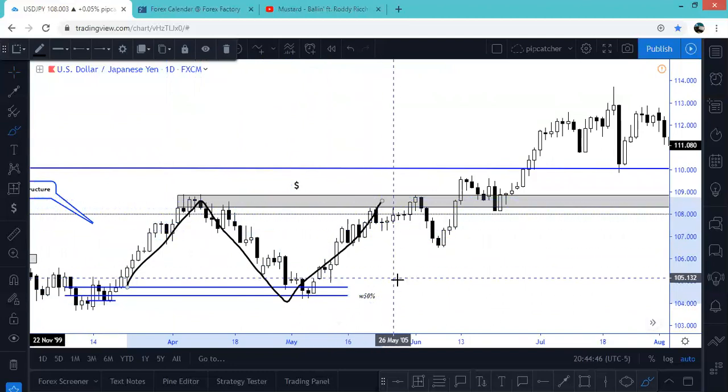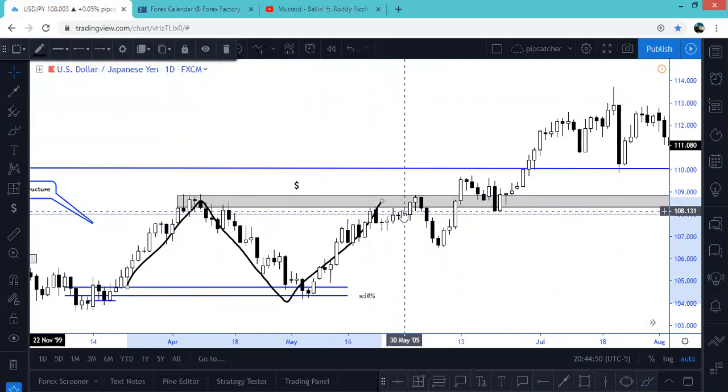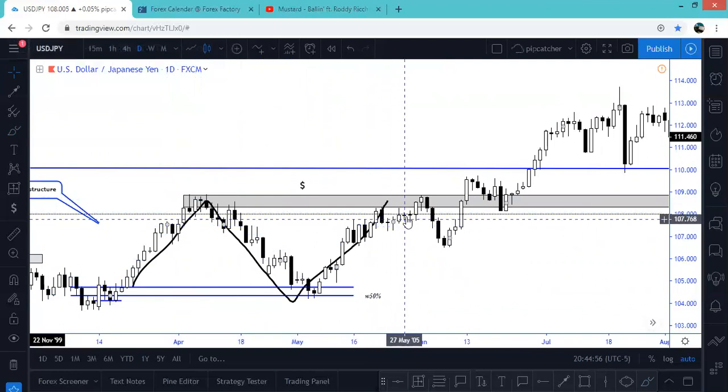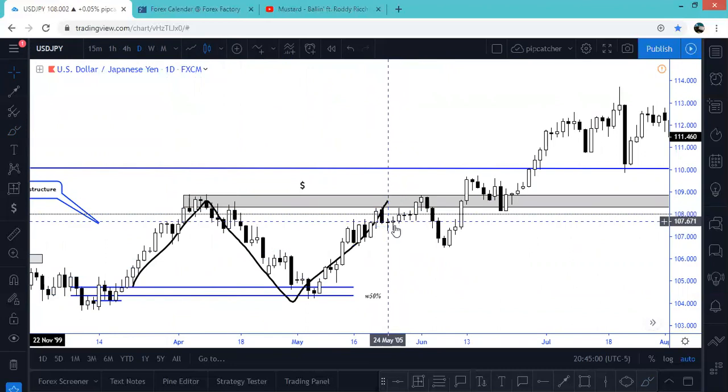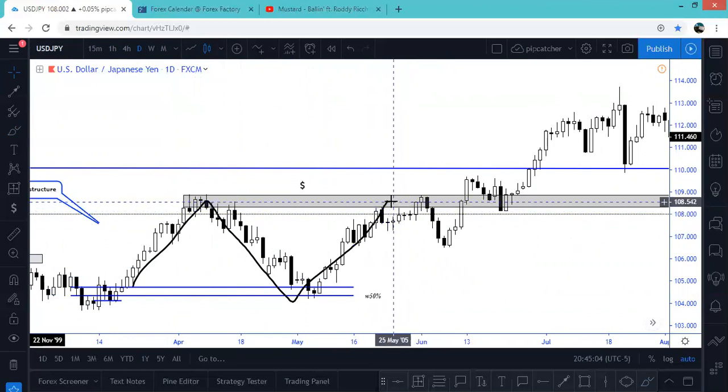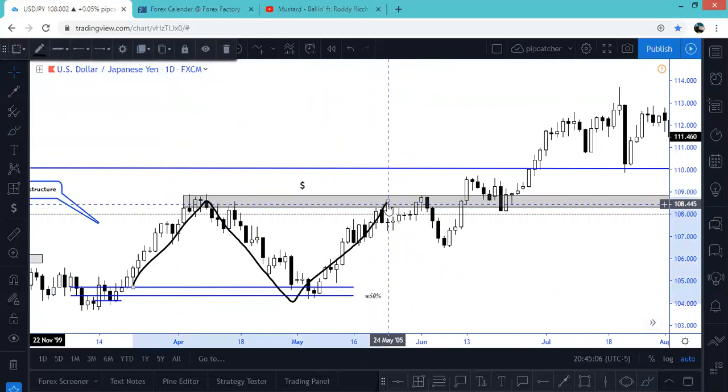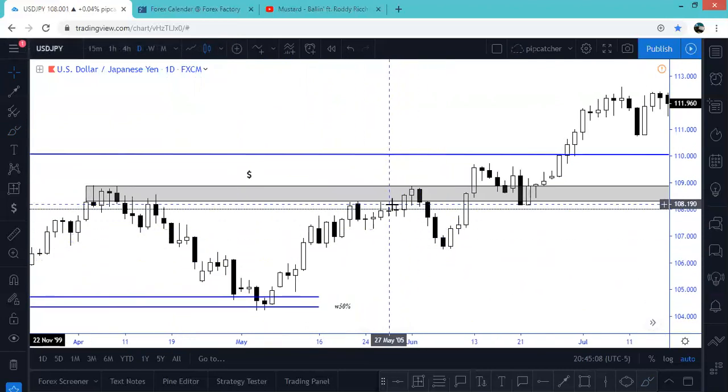Double top, right? So how many retail traders do you think are selling right here? A lot. Hundreds of thousands, maybe millions, right? Selling right here. And look what happens.